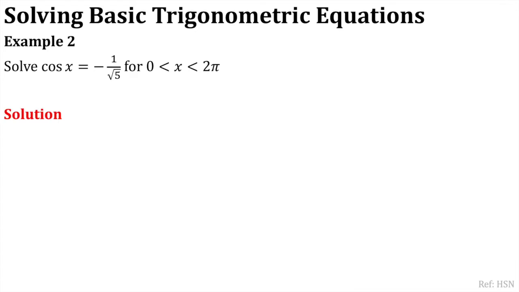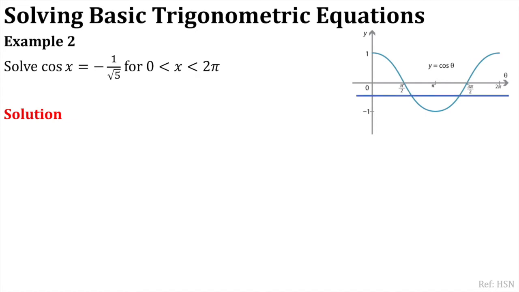So the solution then, if we firstly just have a wee look at the graph. So here's the cos graph, which is lying between 0 and 2 pi. And if I just draw in the line y equals negative 1 over root 5, that's around here.